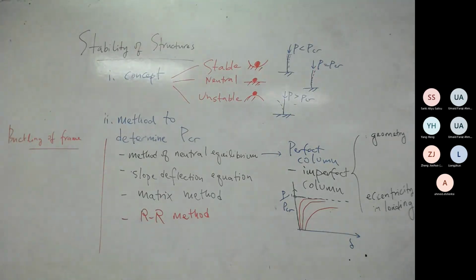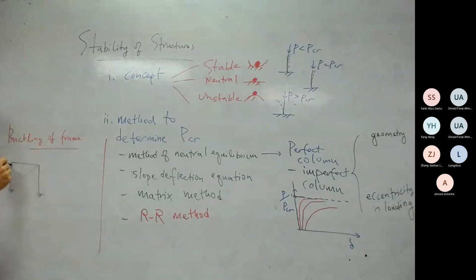Mainly we would like to know, if you have symmetric buckling, which is when the frame is braced, what is the possible range of P critical? And if we have non-symmetric, asymmetric buckling, which is not braced, we use the example of this.